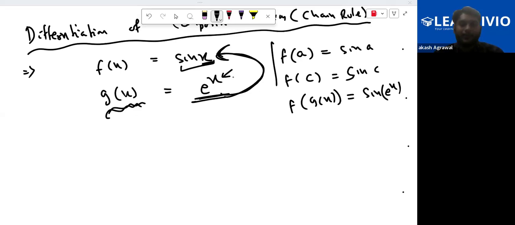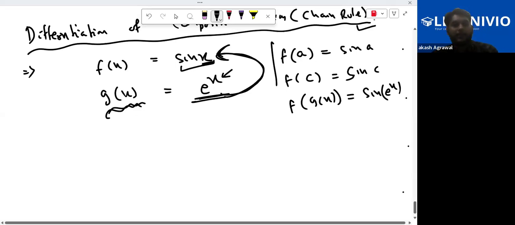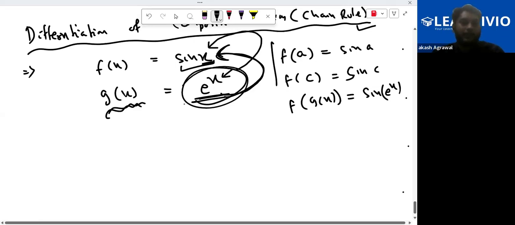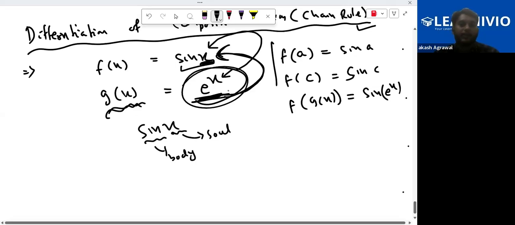So this is what possession looks like in mathematics. This was a soul, and this captured the f of x soul, which was x. If you look at sine x, sine is the body, x is the soul. And if you possess this with e to the power x, this is the ghost, and it came and possessed this soul. So it became sine e to the power x.